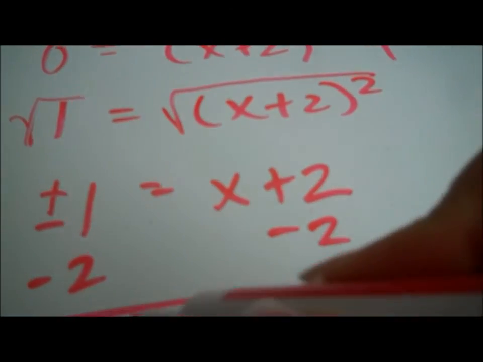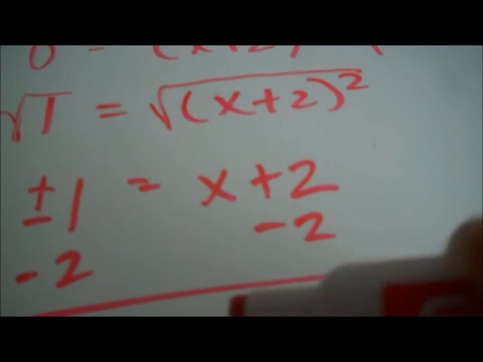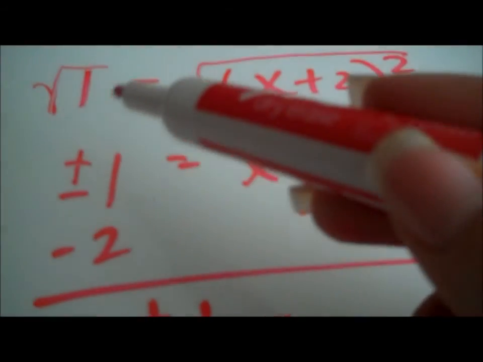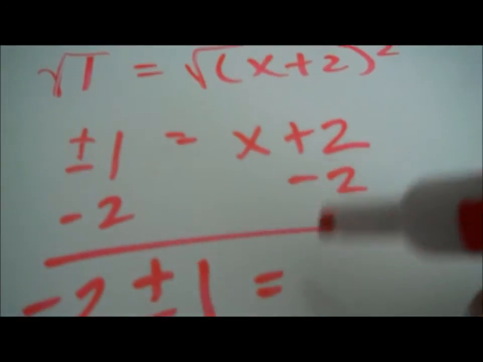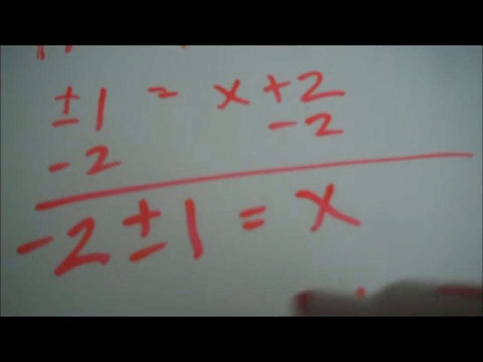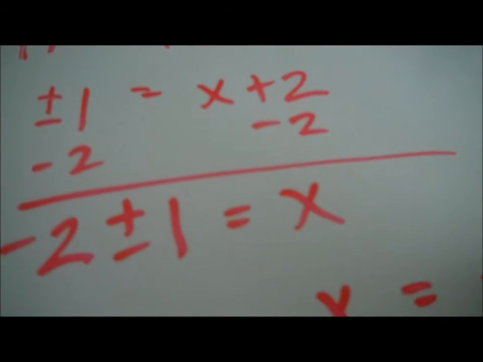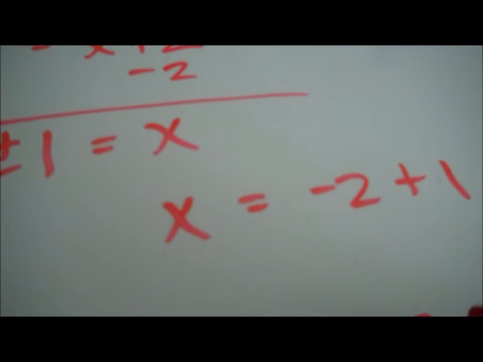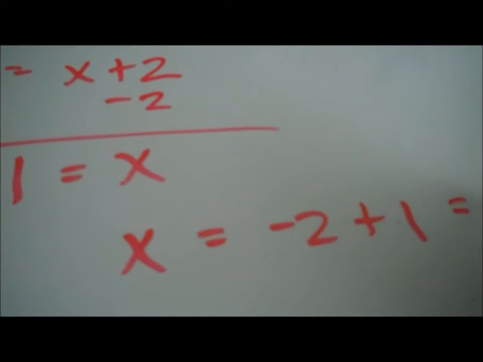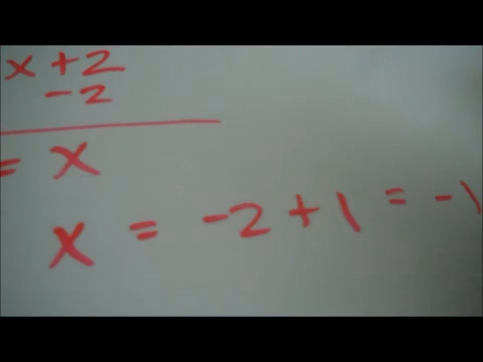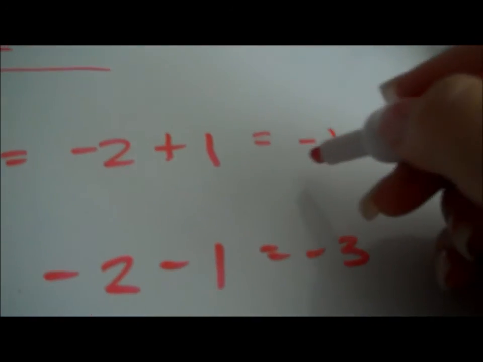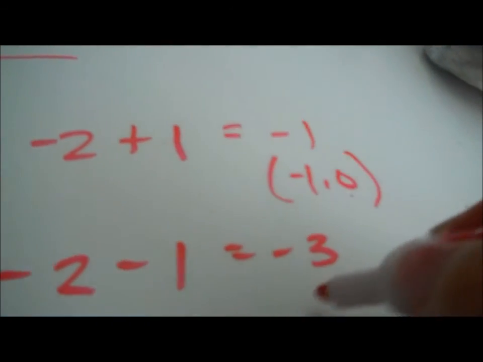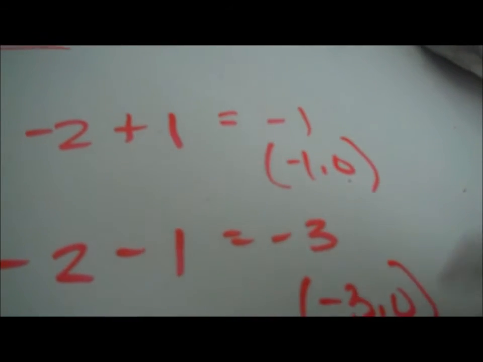So I'd have a minus 2 plus or minus 1. Because again, when I take the square root of 1, I have to have a positive and a negative value. So x is going to either equal a negative 2 plus 1 or a negative 2 minus 1. So in that case, we're going to get a negative 1 or a negative 3. So our x-intercepts are going to be at negative 1, 0 and negative 3, 0.